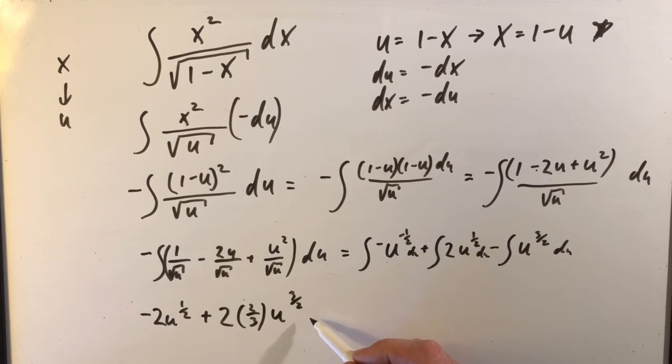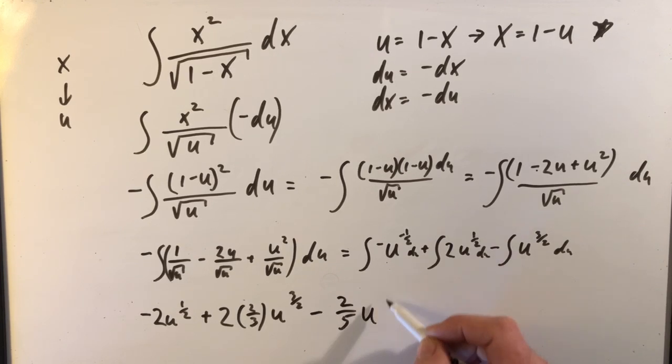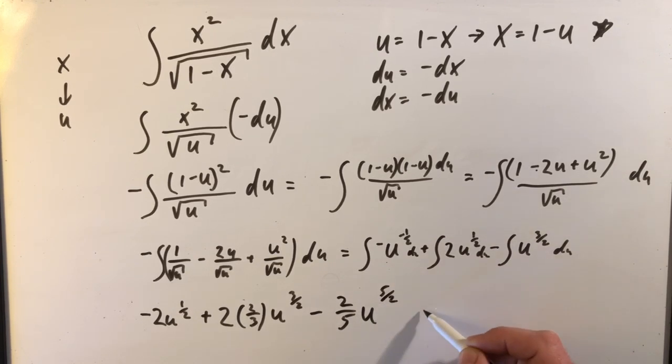And then we're going to have minus 2/5, u to the 5/2 plus c. Okay? So then we just have to substitute back in our x's at that point.